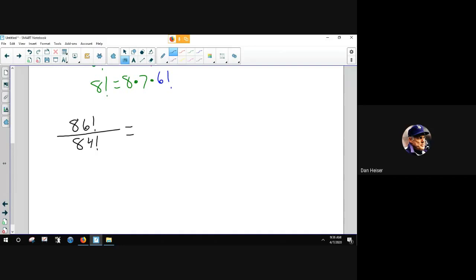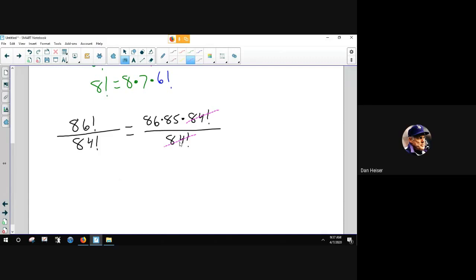So what I can do is I can say, look, 86 times 85 times 84 factorial divided by 84 factorial. And now we can reduce those terms out. Once we get to here, it's 84, 83, 82, 81, all the way down to times 1.